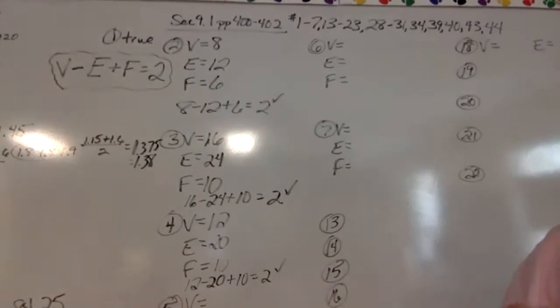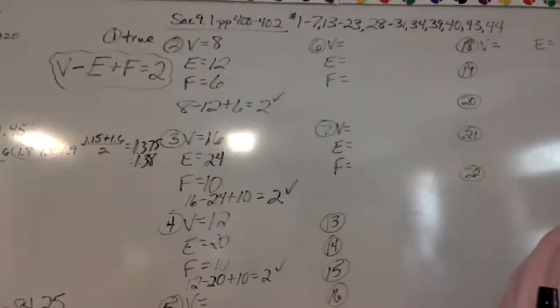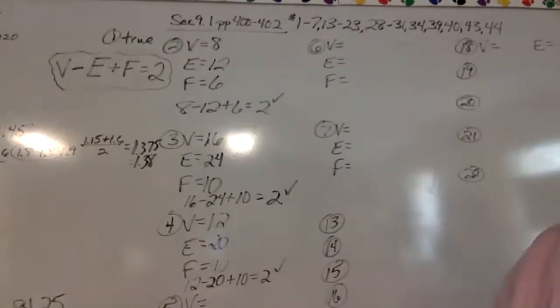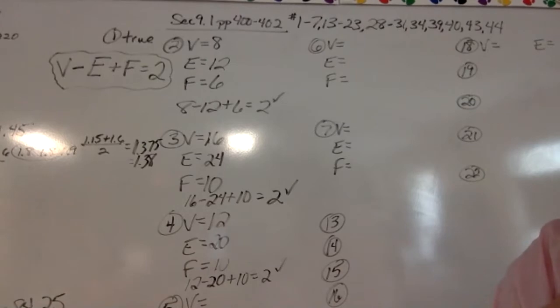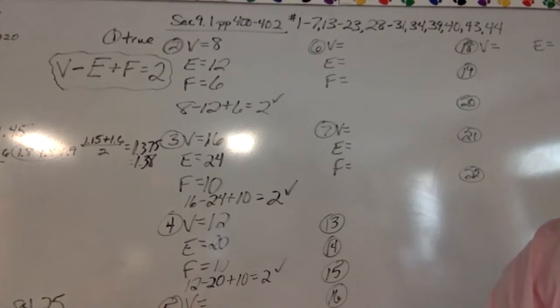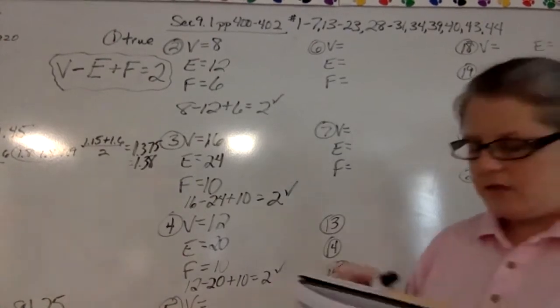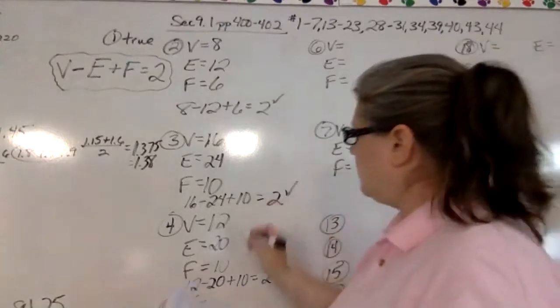Nine. Okay, I got 10. I got 9. You got 9? All right, because it's got, what, 9 sides around the bottom? There's 9 sides around the bottom, so you got 9 down there plus the one at the top.